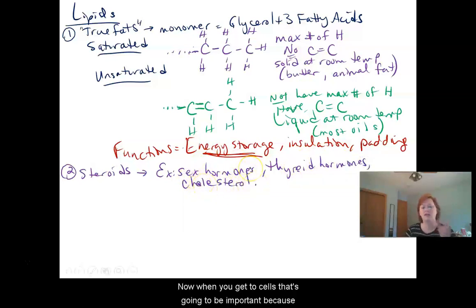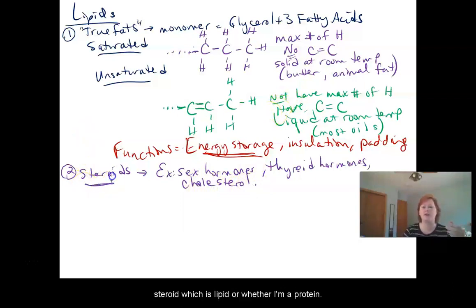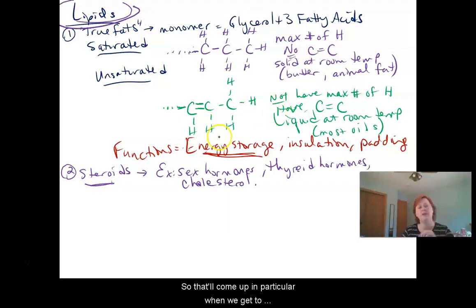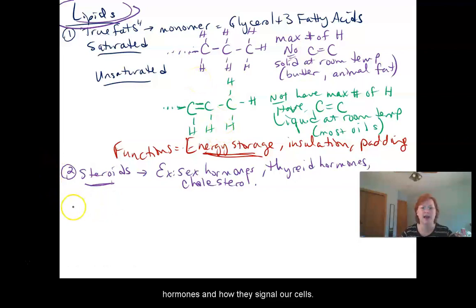Now when you get to cells, that's going to be important because depending on the type of molecule it is, it's going to signal cells differently whether I'm a steroid, which is a lipid, or whether I'm a protein. So that'll come up in particular when we get to endocrine system and we talk about the different types of hormones and how they signal our cells.